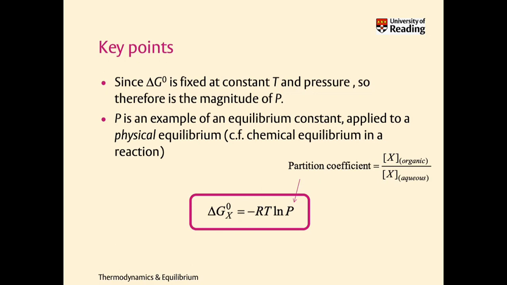Remember, P is an example of an equilibrium constant, but it is not a chemical equilibrium. It is a physical equilibrium.